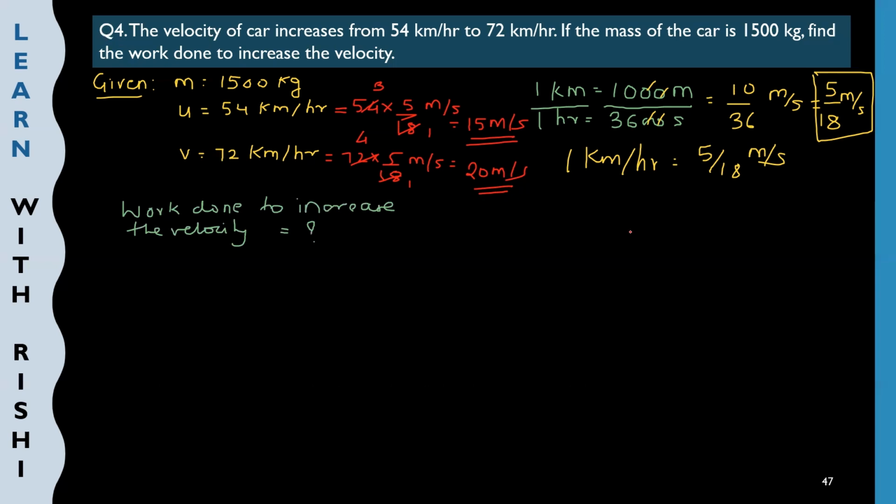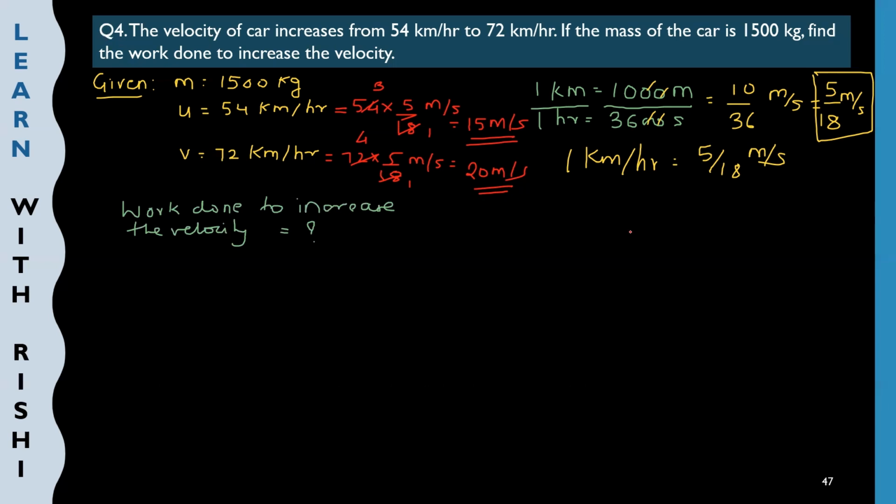Now here, this sum is different from other sums. If we have to only calculate the work done, we'll write that work done is equivalent to energy, and we'll directly apply half mv square in case of kinetic energy. But here we have given two velocities and we have to calculate the work done when the velocity of the car increased from 54 to 72.